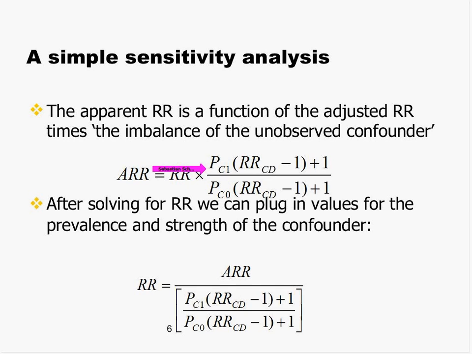So it's all about the imbalance of the confounder, prevalence of the confounder in the exposed over the prevalence of the confounder in the unexposed, multiplied by the strength of the confounder.